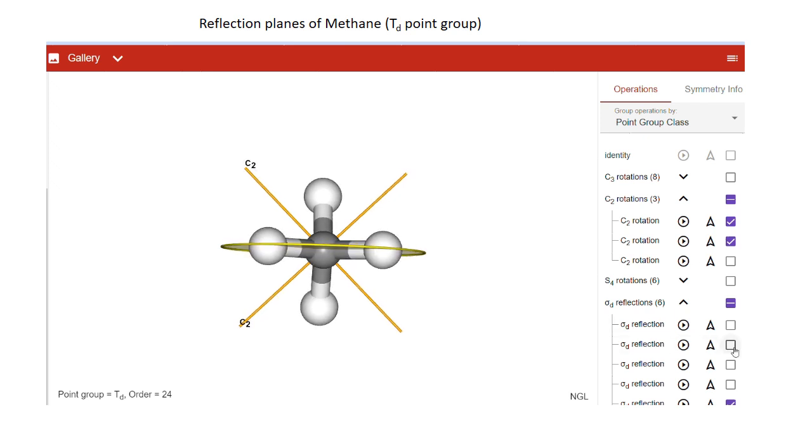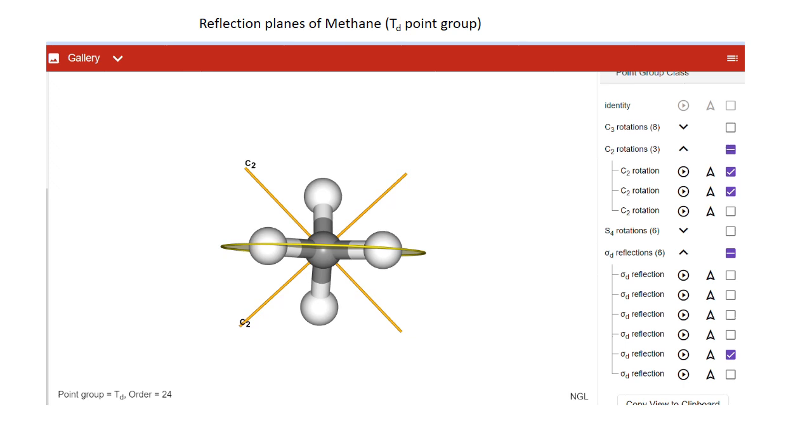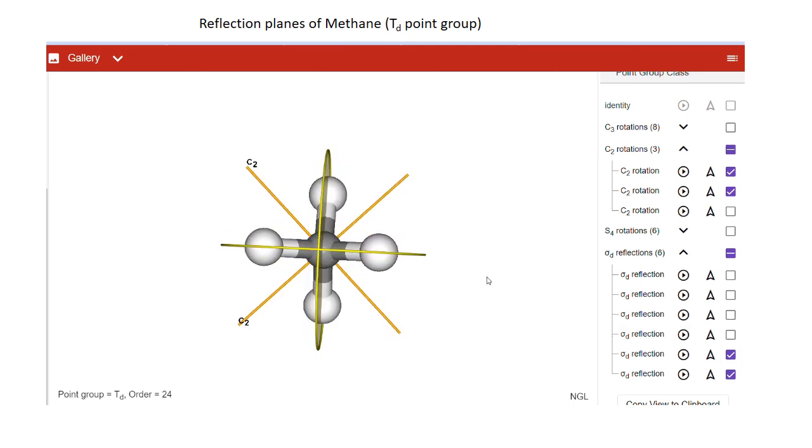So this is called one sigma d plane. Similarly, if you take this plane also, it is bisecting these two C2s. So we can see one plane passing through two hydrogen atoms horizontally, another plane passing through two hydrogen atoms vertically. Both of them are called sigma d planes.